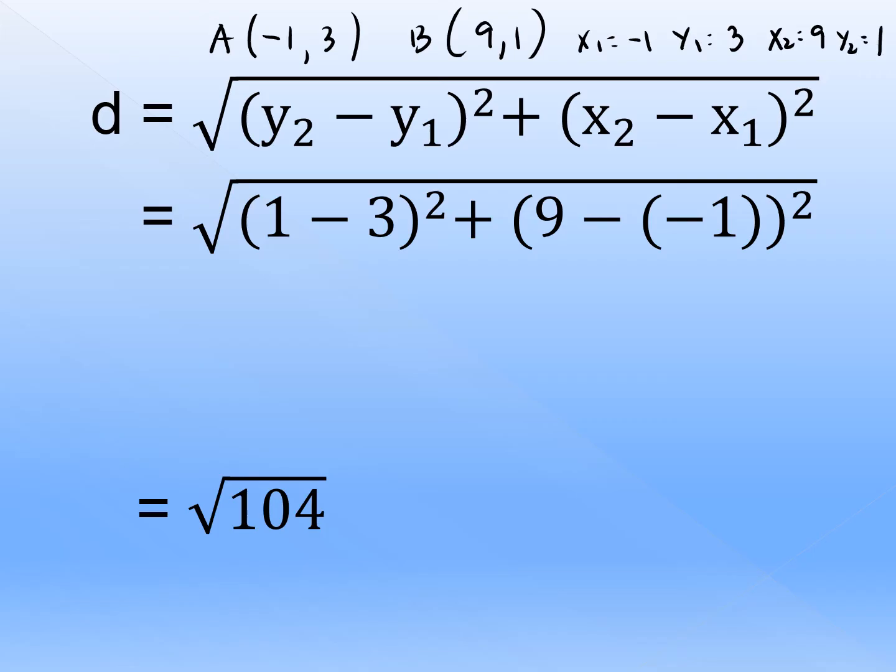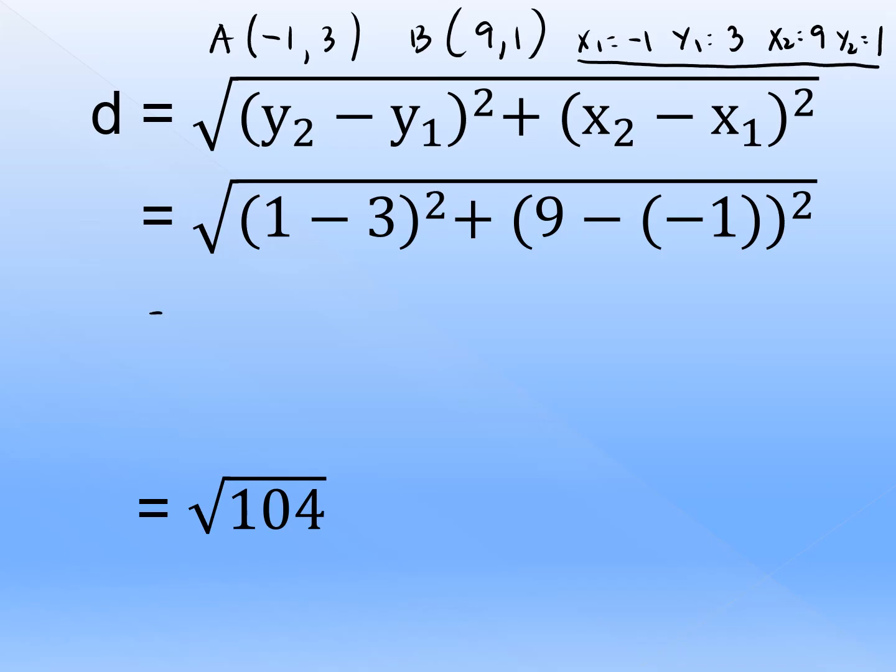By the substitution property, instead of writing y sub 2, we're going to write 1. Instead of y sub 1, we write 3. Instead of x sub 2, we write 9. Instead of x sub 1, we write negative 1. So we simply substitute all the given values into the formula.